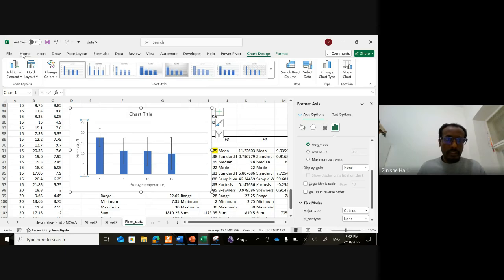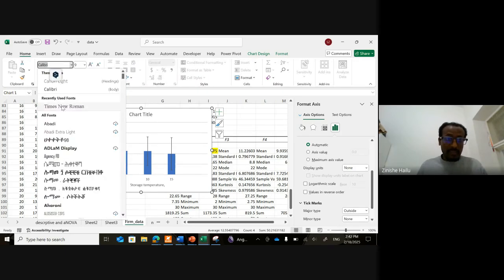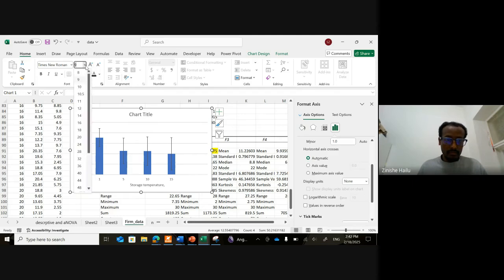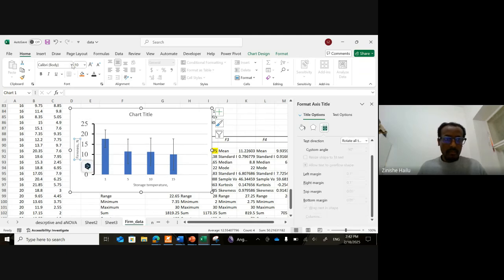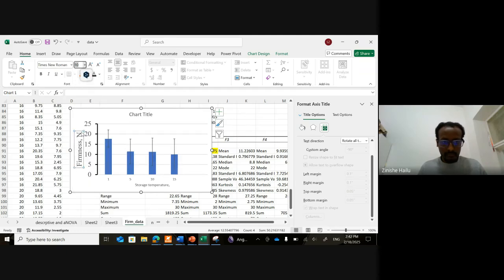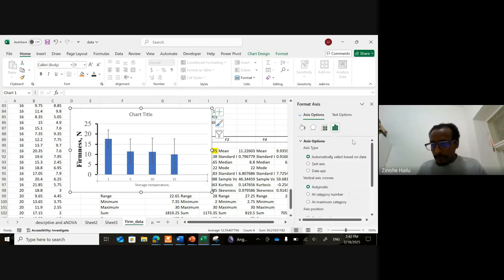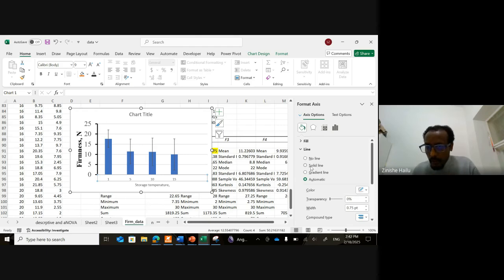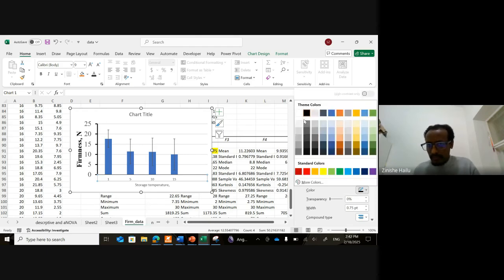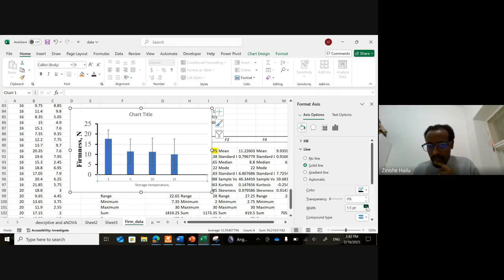And I will increase the font to like 18, and this also. Similarly, I will put for this, select this one, go to the format, and I will use solid line here, and then make sure I increase the width.